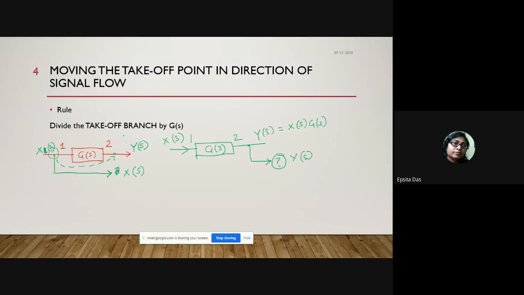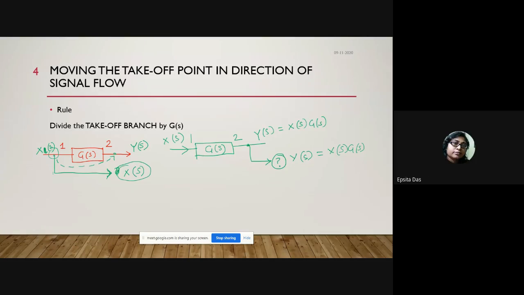The signal at any branch, what it was initially, I should maintain it at the same value, though I have changed the takeoff point from the left side to the right-hand side. That means initially the signal at the end of the takeoff point was X(s), but due to my change, here it is becoming X(s) into G(s), right? But I have to keep this as X(s), I cannot make it Y(s). So what do I have to do?